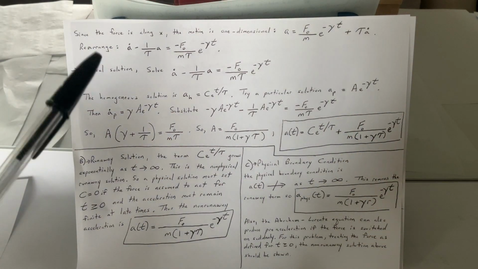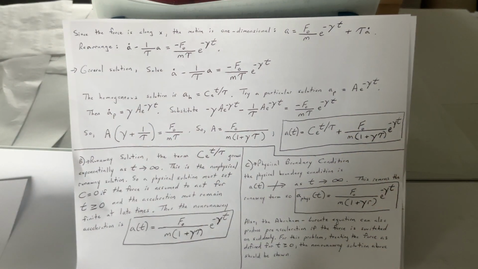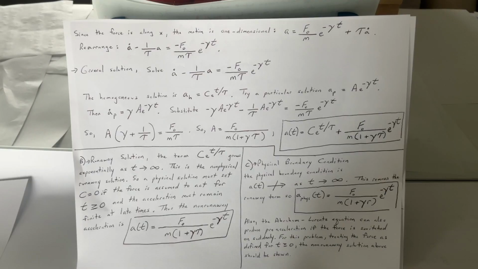is, since the force is along x, the motion is one-dimensional. And a = (F_0/m) e^(-γt) + τ ȧ. If we rearrange this, ȧ - (1/τ)a equals -F_0/(mτ) e^(-γt).